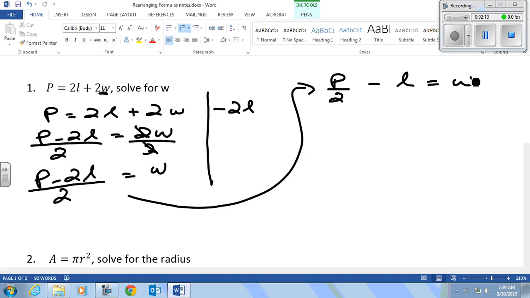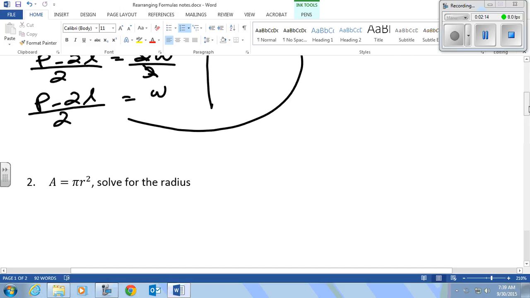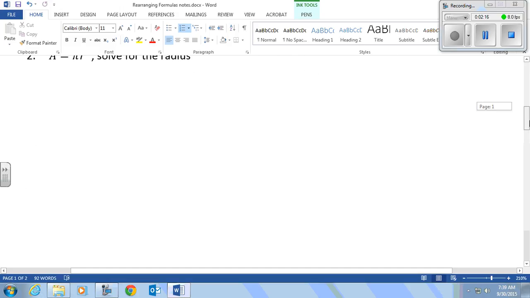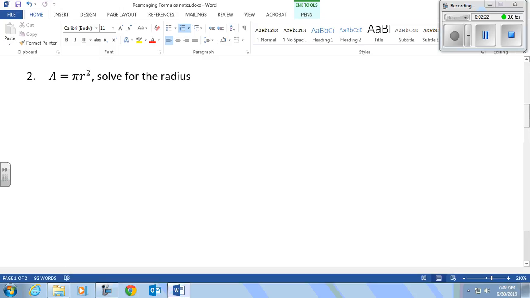Let's look at the second example. We've got A equals pi r squared, representing the area of a circle, and with relation to its radius, and we want to get the r by itself. We're solving for the radius. So if I've got A equals pi r squared, remember that's pi times the radius squared. To get that r squared term by itself, we'll divide both sides by pi.